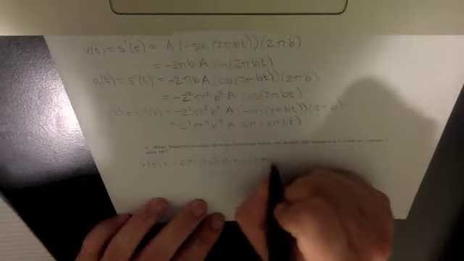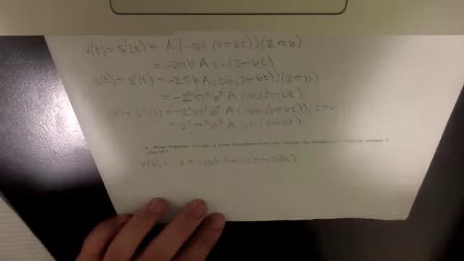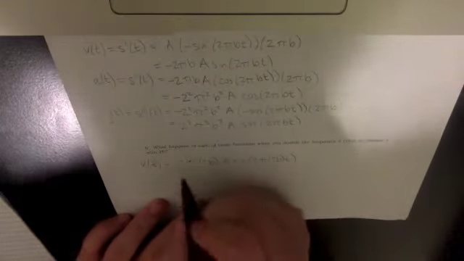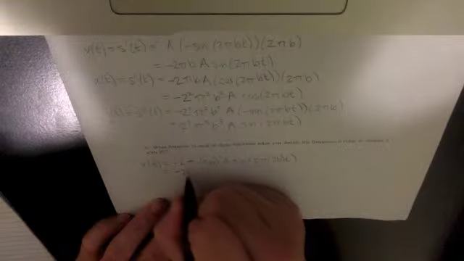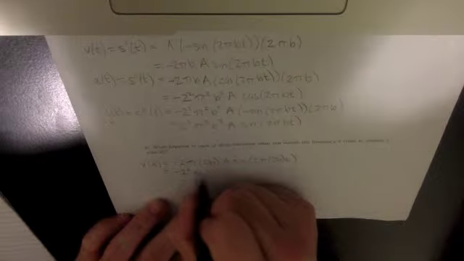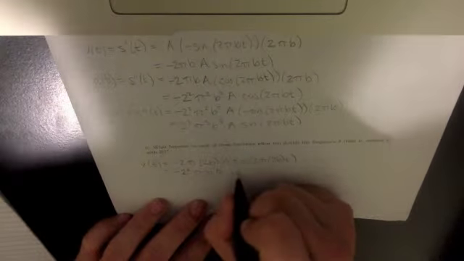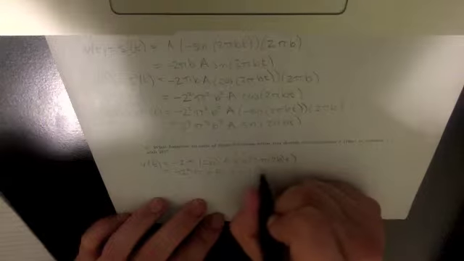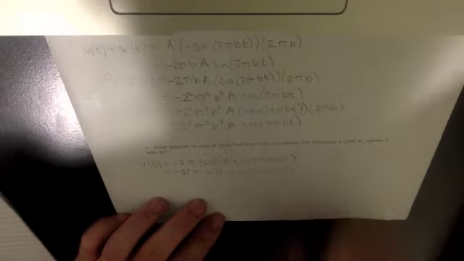Again, replace b with 2b. And if I simplify that, I get negative 2 squared pi bA sine 2 squared pi bt.